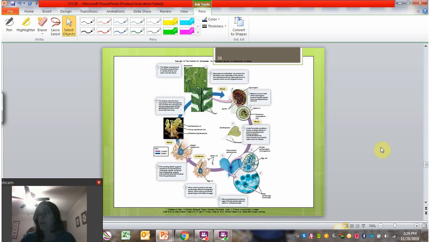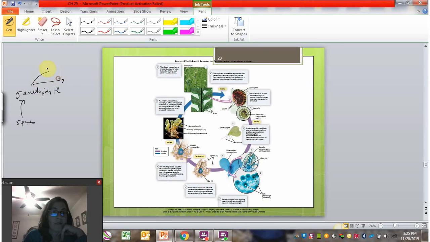So this is the pteridophyte life cycle. These life cycle images are always kind of overwhelming, so I like to start by reminding you that we have spores that go through mitosis and produce a gametophyte. The gametophyte will produce gametes, either egg or sperm. And remember, this is not through meiosis.